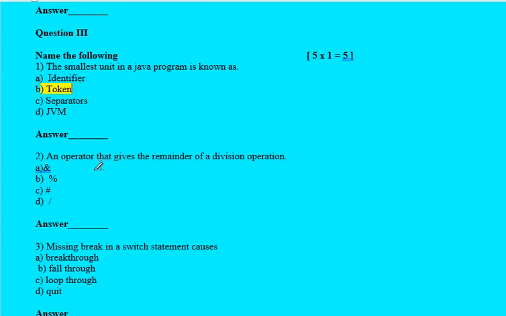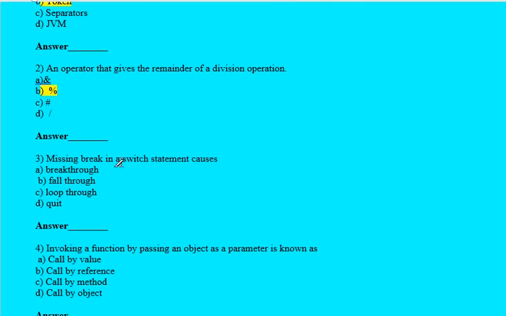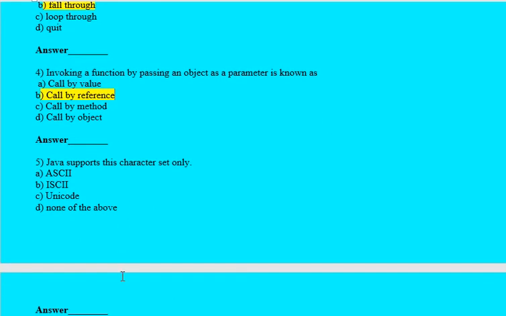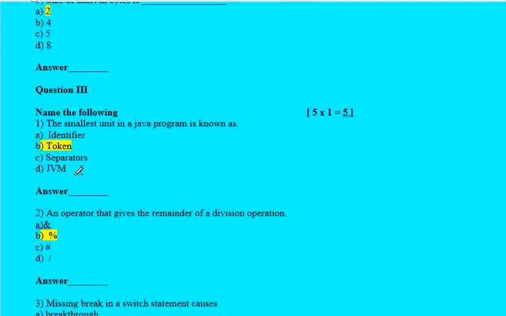An operator that gives the remainder of a division is modulus operator. Missing a break statement in switch statement is called as fall through. Invoking a function by passing an object as a parameter is known as call by reference. Java supports this character set only, Unicode. Okay, so these are the options.